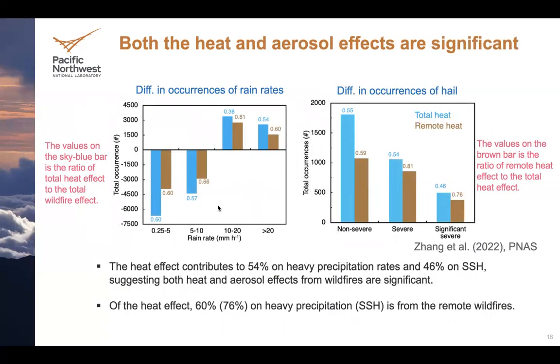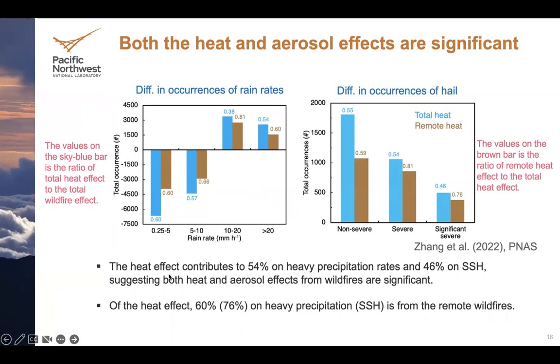Besides the respective role of the local and the remote wildfire, we also look into the heat and the aerosol effects. The values on the sky blue bar are the ratio of the total heat effect to the total wildfire effect.